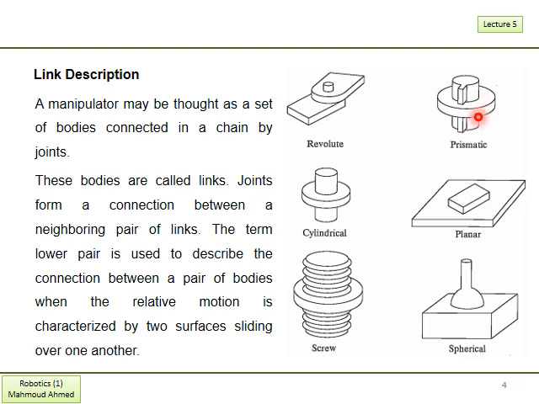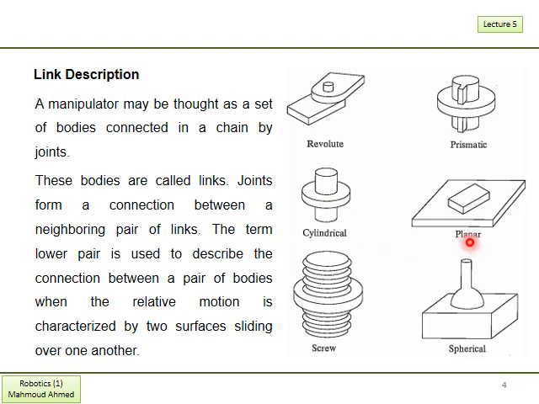And in this type of joint, simply the cylinder is extended away from the other to have a longer length. This one is a cylindrical joint. It has the same idea as the prismatic. In this cylindrical joint, we also have two surfaces that slide over each other.